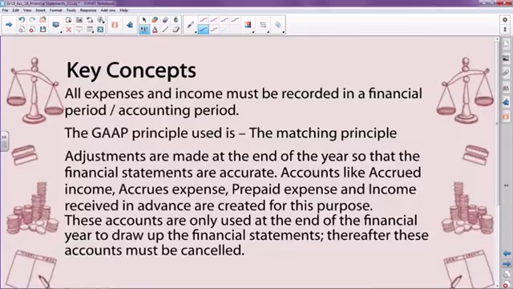Firstly, all expenses and income must be recorded in a financial period, and that is normally 12 months, any consecutive 12 months. So we can start on the 1st of March and end on 28 February the next year. That will be 12 months. So know that we are matching, and that's a Gr10 principle, all your income and all your expenses for a particular year to that year.